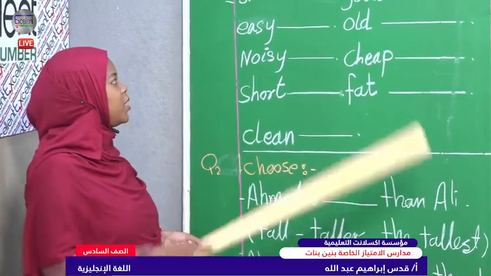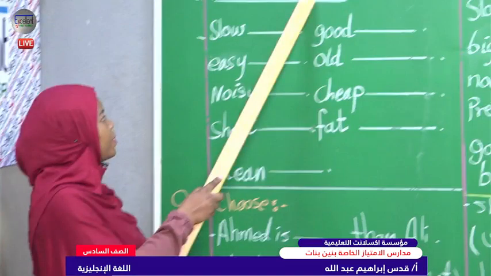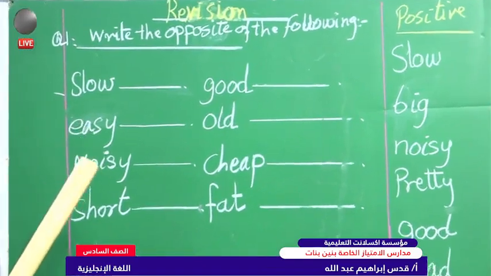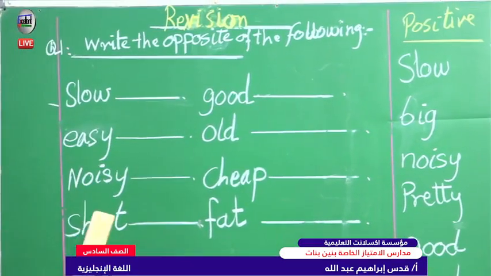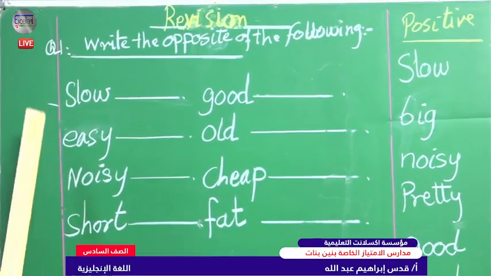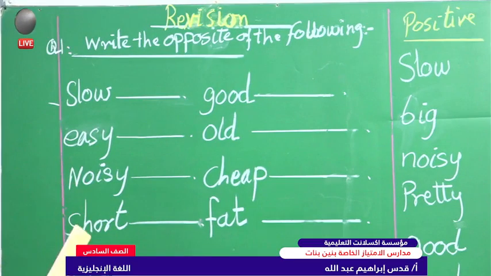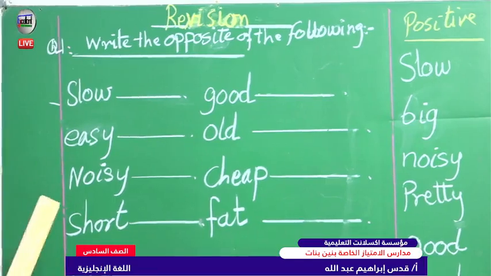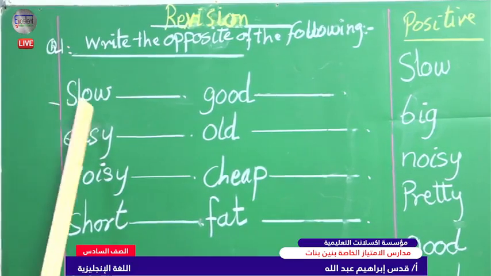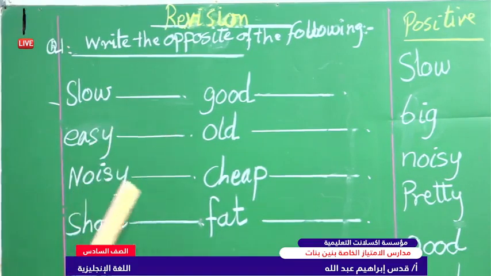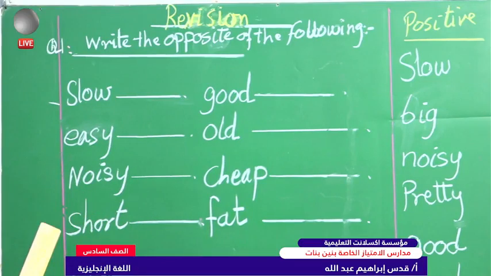Opposite means العكس أو الضد. So this is a very common question in the exams. They give you many adjectives and ask you to bring the opposite of it. ده سؤال شائع جدا، يجيب لك الصفات ويطلب منك انك تجيب the opposite of it، تجيب العكس منها.